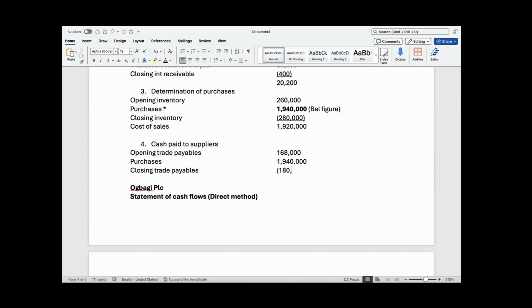So what's my cash paid to suppliers? That should be 1928. Is that correct? Yes, should be 1928.